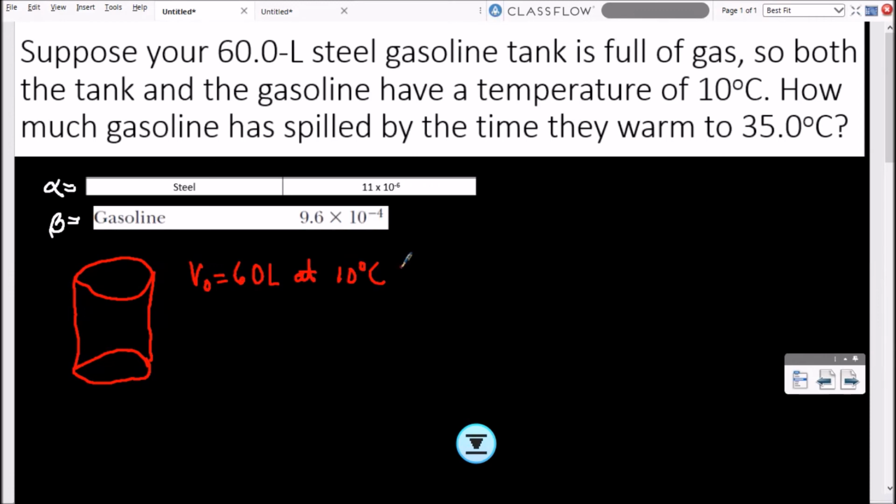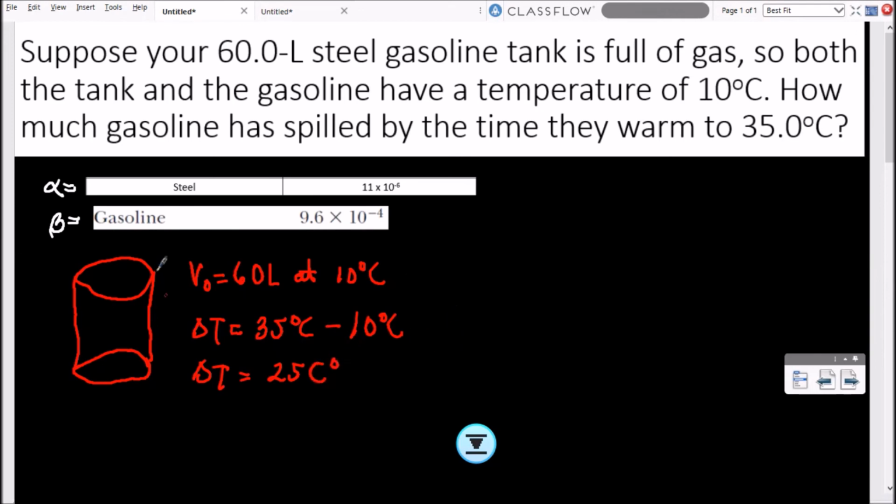Now, what is asked here is the amount of gasoline that will spill out when both the steel tank and the gasoline are warmed up to 35 degrees Celsius. The change of temperature is 35 degrees Celsius minus 10 degrees Celsius, right? So we have the change of temperature equals 25 Celsius degree.